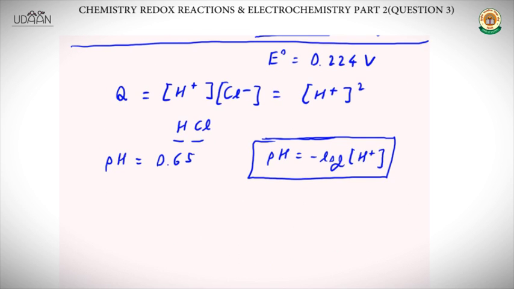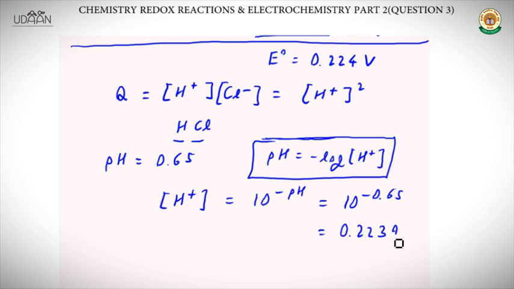From this formula we can calculate the value of the H ion concentration. Here the H ion concentration can be written as 10 to the power minus pH, and pH is given as 0.65. So the H ion concentration equals 0.2239.